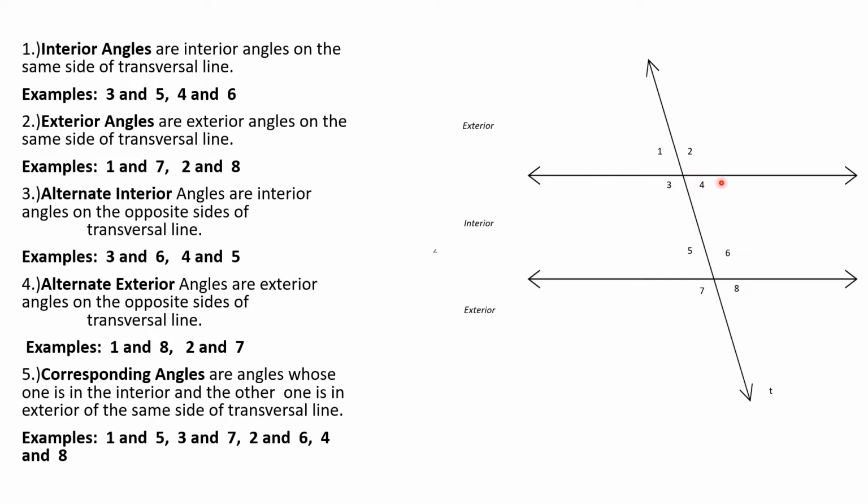Angle 4 is at the right side of the transversal line, and angle 8 is also located at the right side. So don't forget that these are the angles formed when a transversal line cuts two parallel lines: interior angles, exterior angles, alternate interior angles, alternate exterior angles, and corresponding angles.